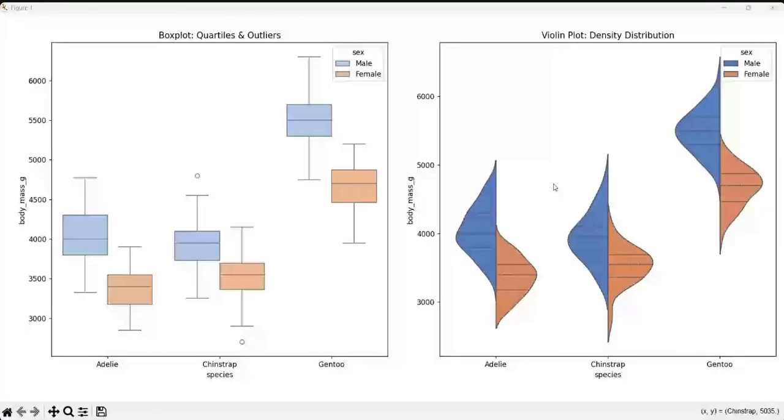Violin plot is a density distribution. As you can see, the width, that is density, the fatness of the violin at different heights, basically shows where most of the data points are concentrated. A wider section means many penguins have that specific body mass, but a thin section means very few penguins fall into that weight range.